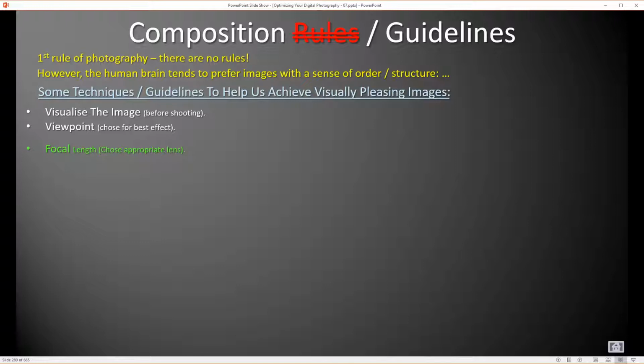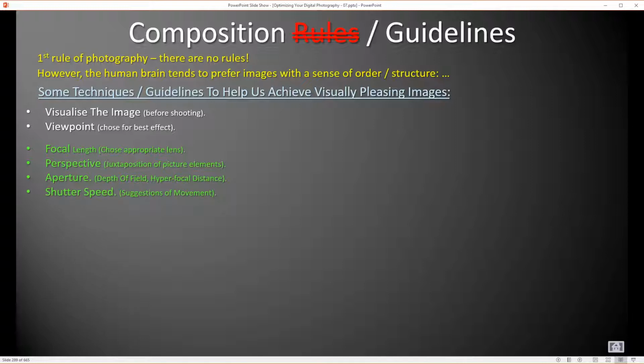Use the focal length of your lenses appropriately so that you can get the right balance of elements in the picture. Use perspective, juxtaposition of the picture elements, how they relate to each other, the sizes and things within the image. We need to consider aperture, depth of field, hyperfocal distance, which parts of the image are going to be pin sharp, which parts are going to be out of focus, to emphasize the main parts of the image.